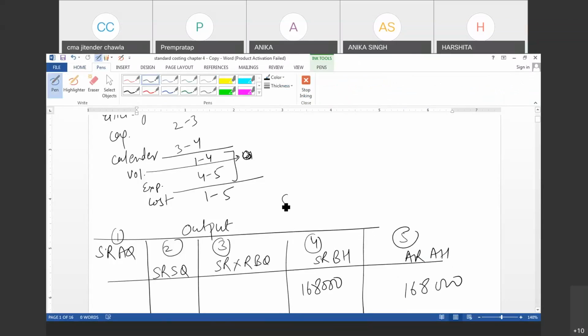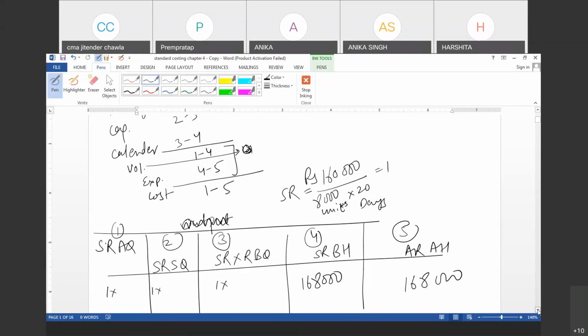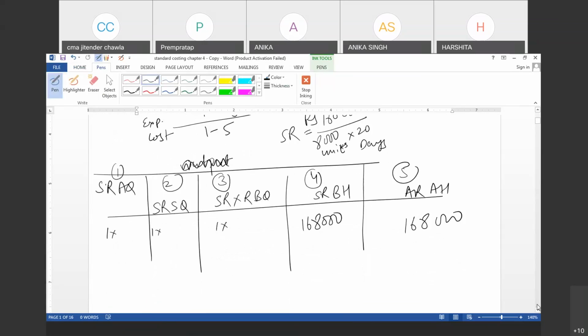And SR, how we calculated SR? We have calculated standard rate. This is rupees. This is 8,000 units into 20 days. So this will work out to 1. So 1 into so many things.